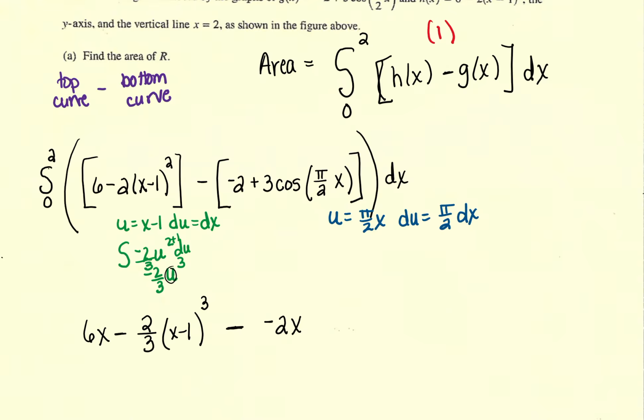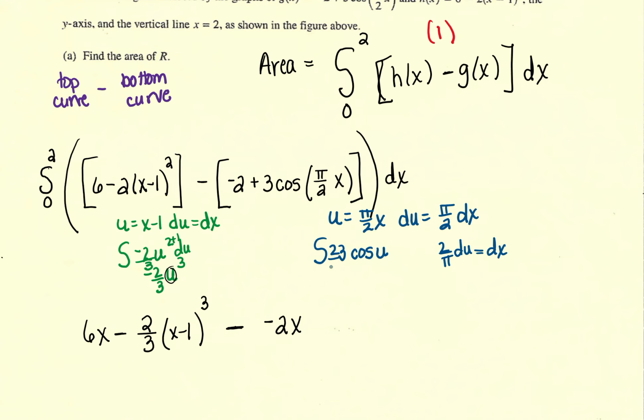All right, let's substitute it back in so that I can integrate it. You have a 3, a cosine, put your u in, and then we have dx. Well, dx is equal to 2 over pi du.